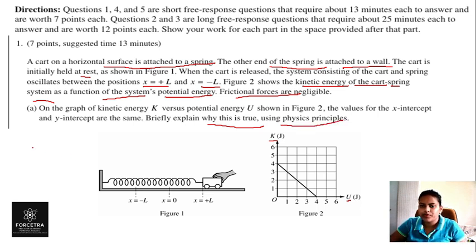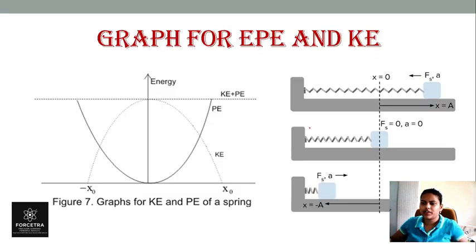We know from this graph, if you remember, this type of graph you must have seen. This graph is of kinetic energy, and this is potential energy. This graph is energy versus spring distance.